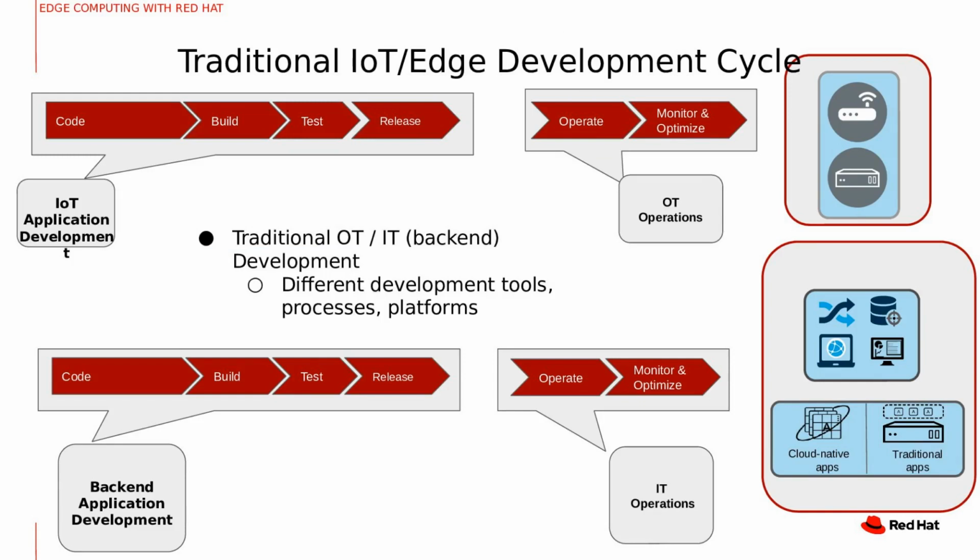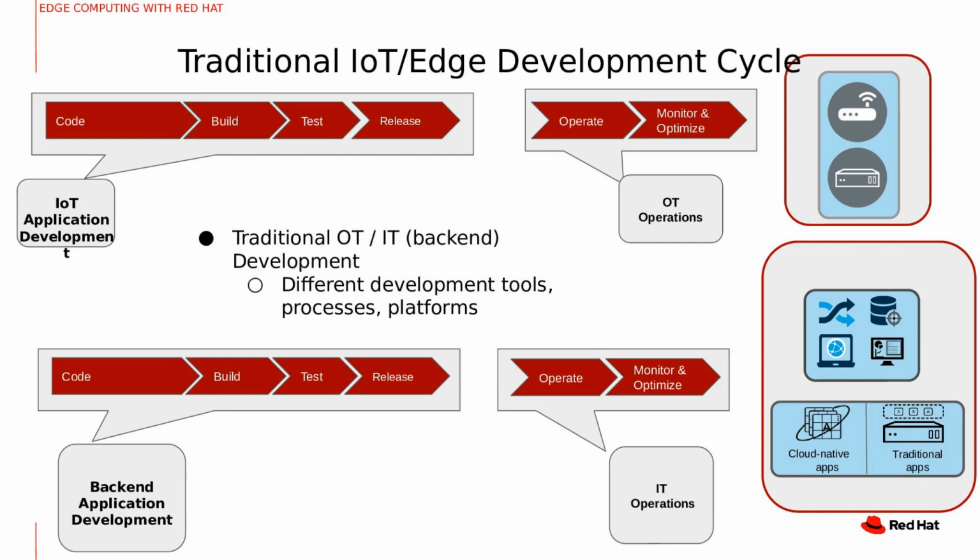So just taking a look at a traditional IoT edge development cycle, what you'll find is that you have 4 different groups typically involved. You have the IoT people, the people that understand how to get data off of devices, can speak all of the protocols that are necessary to talk to those devices.